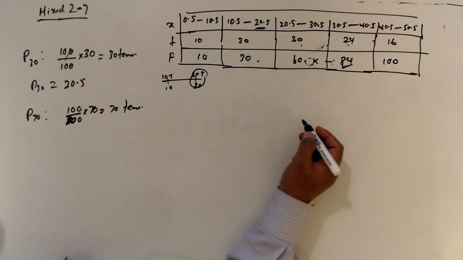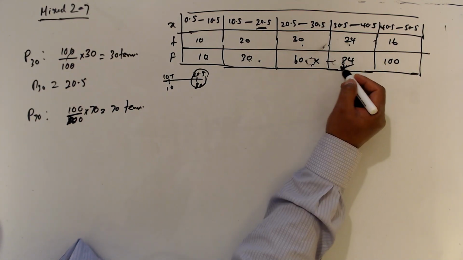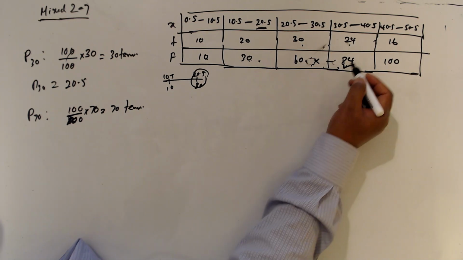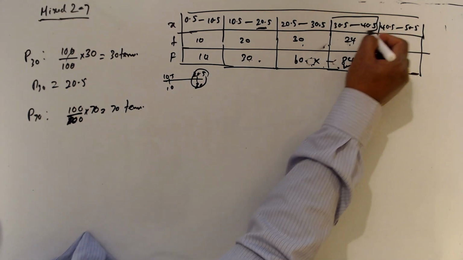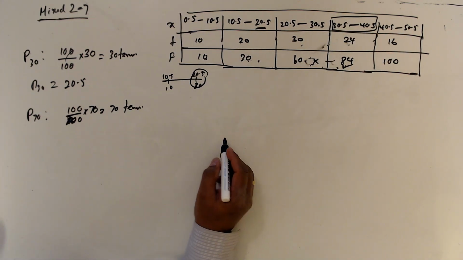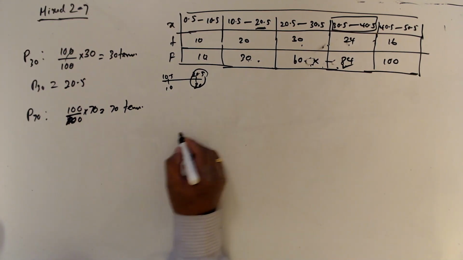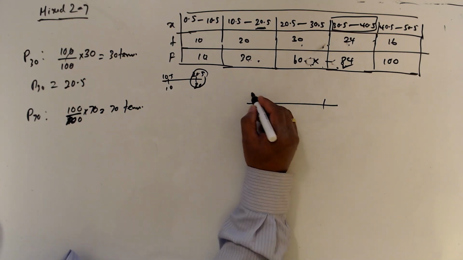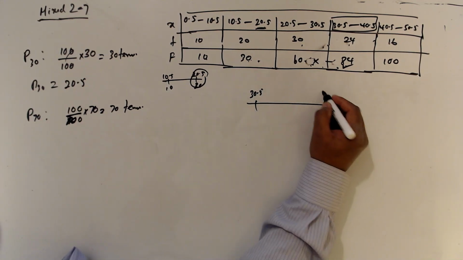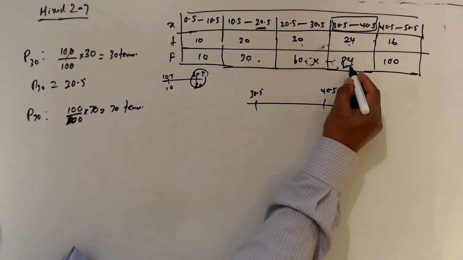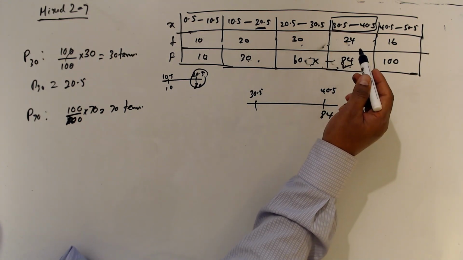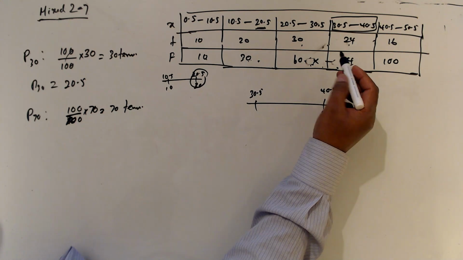So if it is in here, it means this is up to 60, 70 is here. So this is the boundary we want to look at. 30.5, 40.5, up to 40.5, 84.